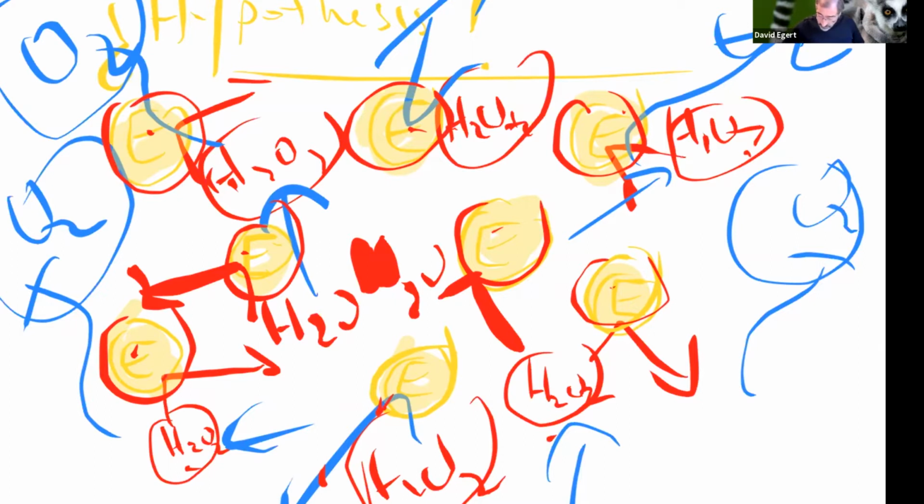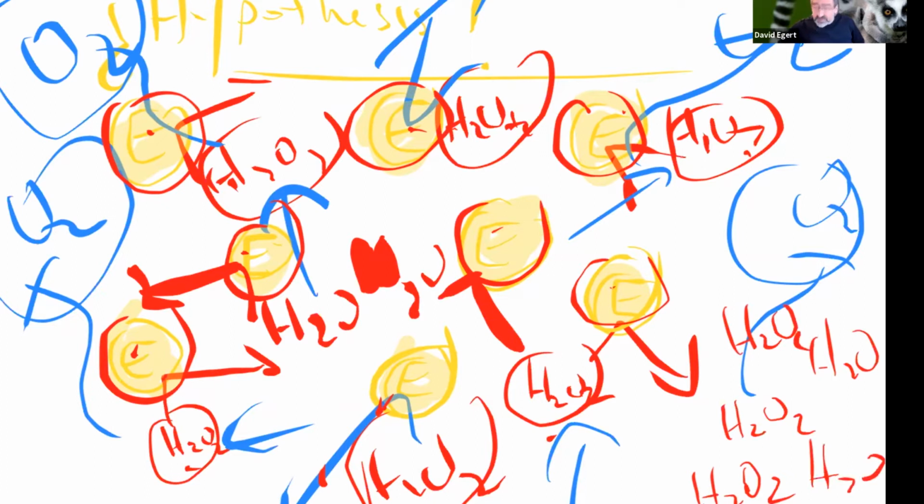At this point, I can start adding way more hydrogen peroxide. And it doesn't matter how much more I'm adding, how much higher the concentration is. This one here has to wait until an enzyme frees up before it gets broken down.